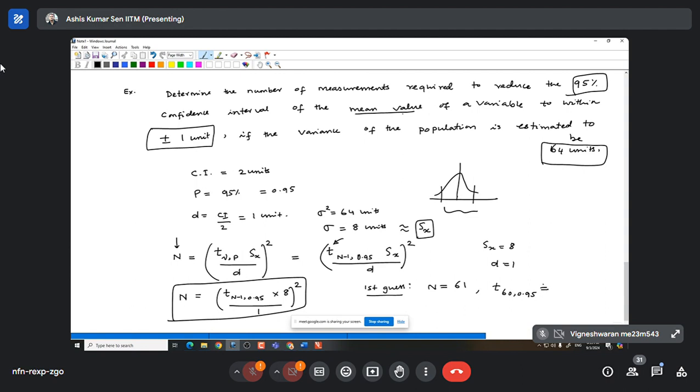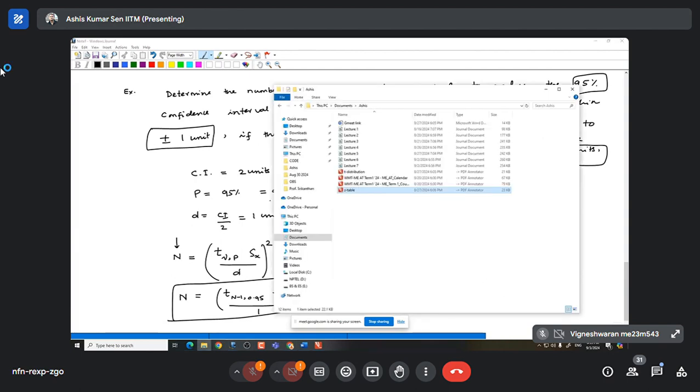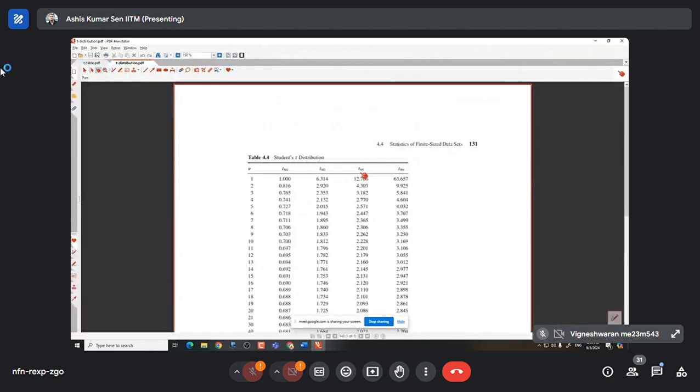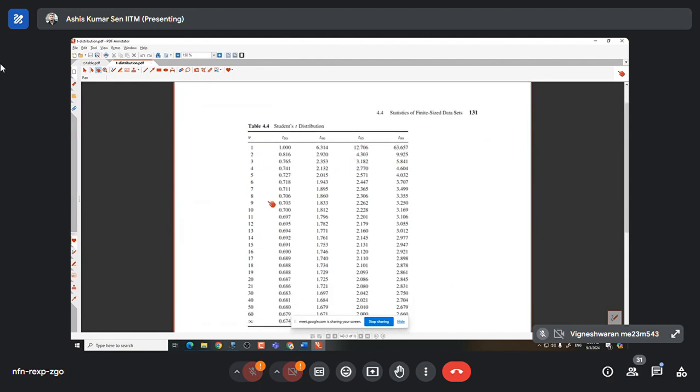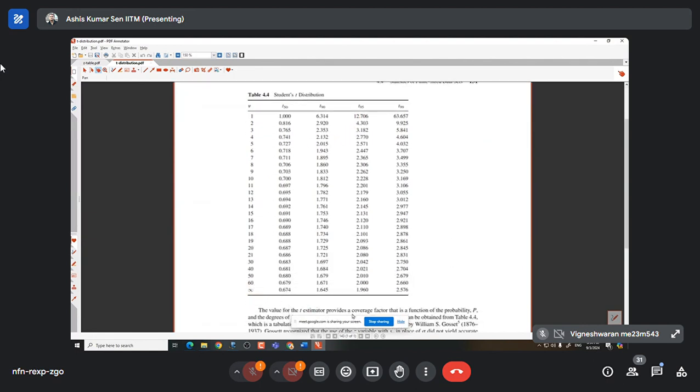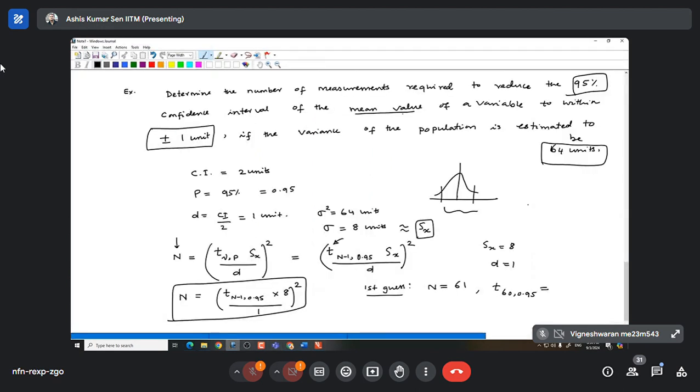So if I go to the t table that I had shown you, we have to find t of 60, 0.95. 60 is here, 95% is here. So this is 2.0. So the t value is 2.0.